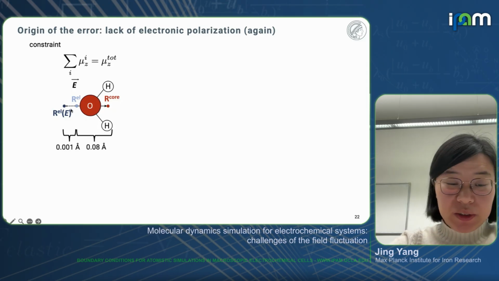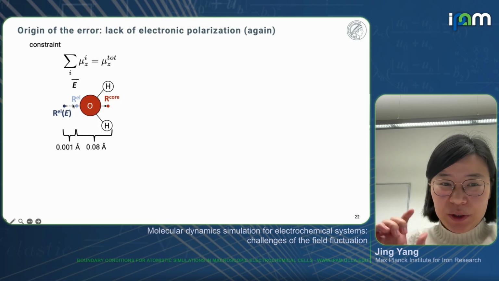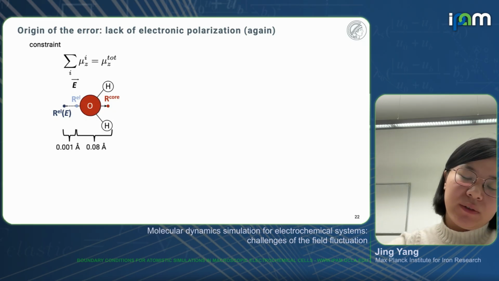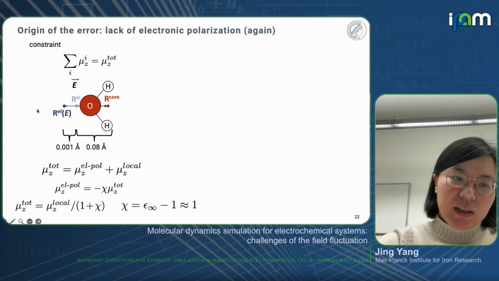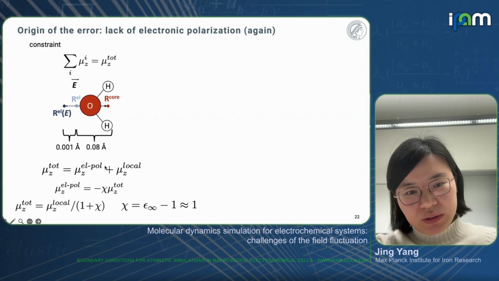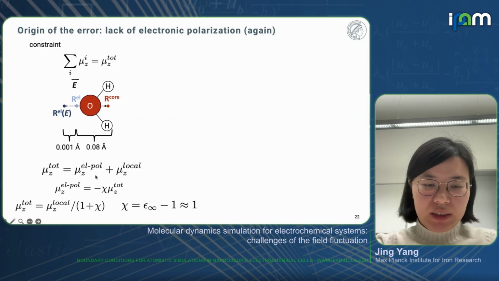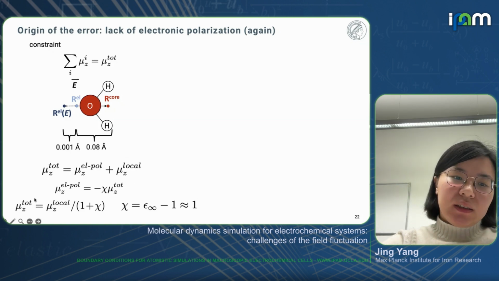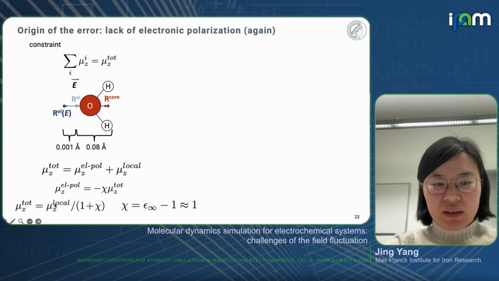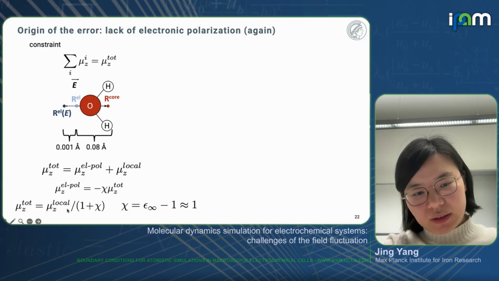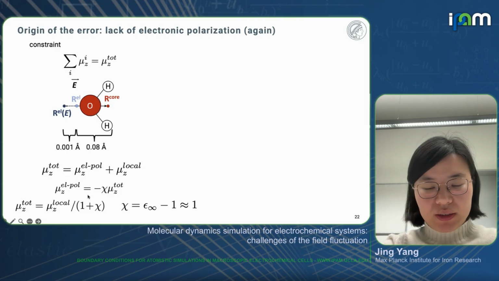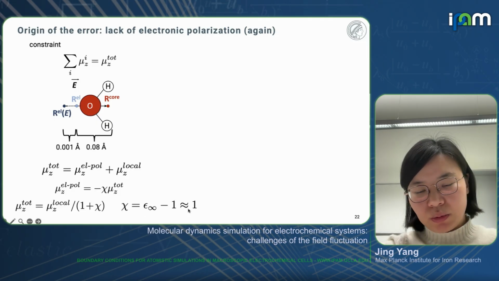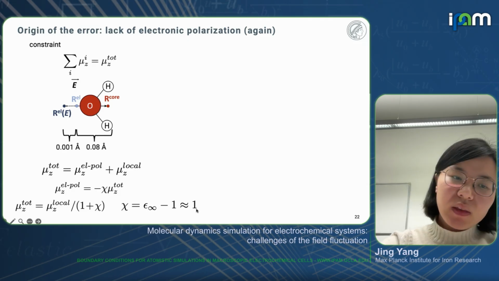However, since all the water molecules would have this kind of small displacement, when you add them up, they have a very large macroscopic effect on the total dipole. And if you separate the total dipole into the two parts, one associated with the electronic polarization and one associated with the local, the total would just be a fraction of the local dipole summing up together. And this is associated with the susceptibility of water, which is epsilon infinity minus 1. For water, this is about 1.